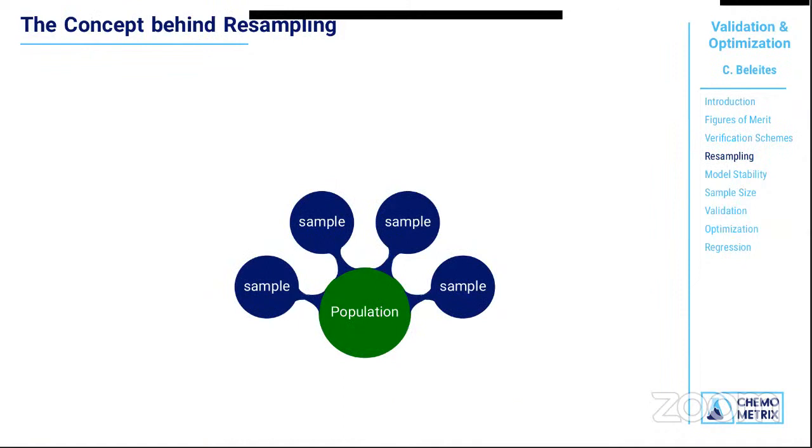Let's look at resampling. This is one of the techniques in general in statistics that we can use when we want to look at the uncertainty, random uncertainty of what we are doing. This is similar to back in your first undergrad year in the lab.